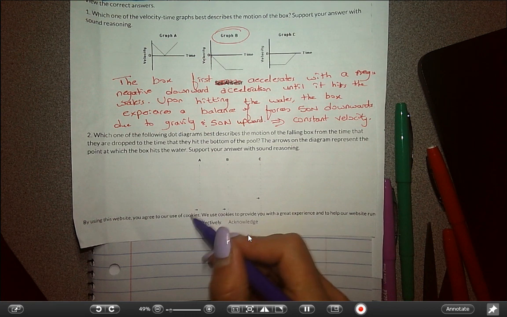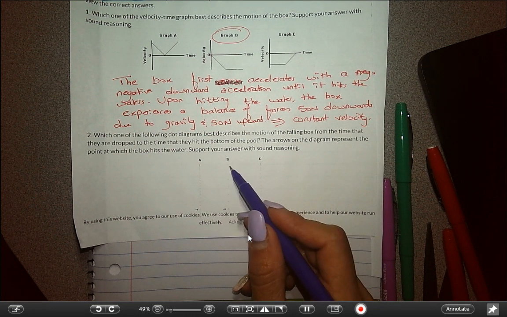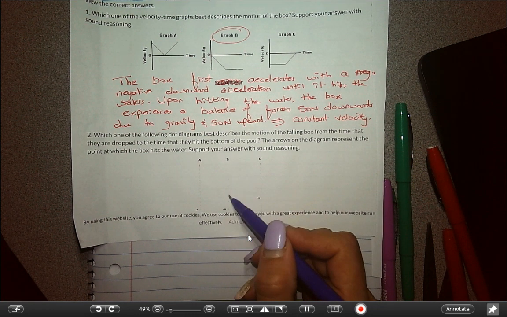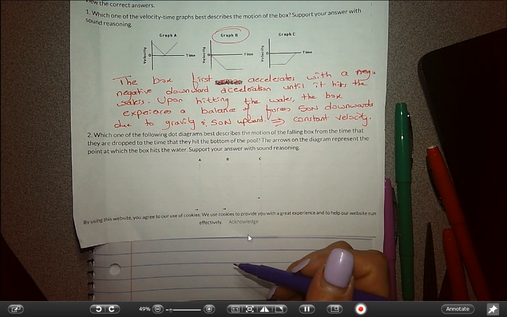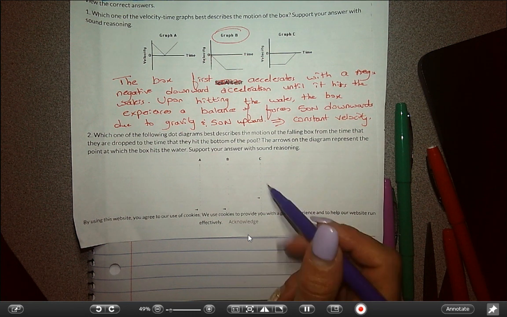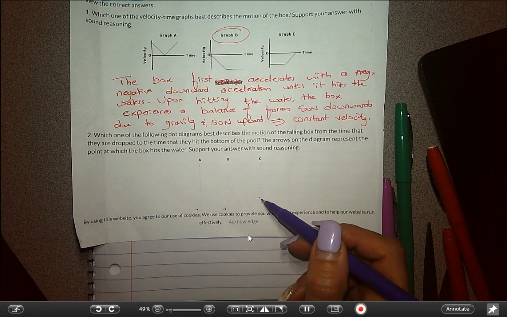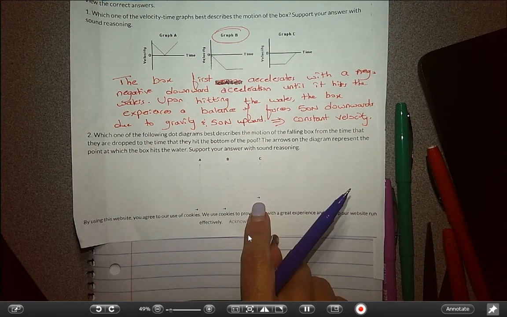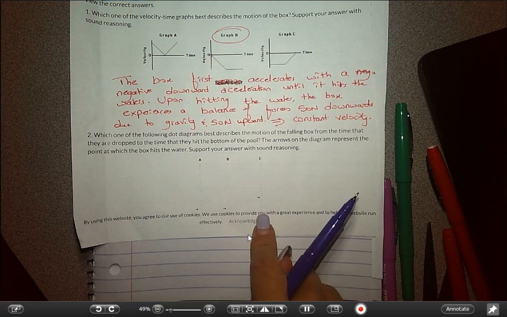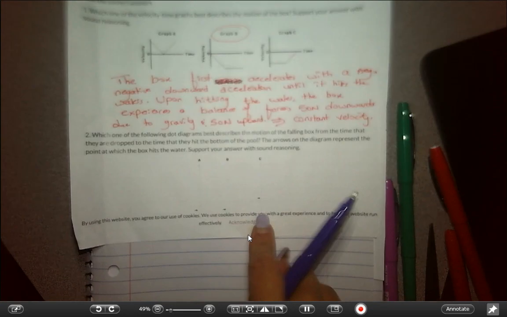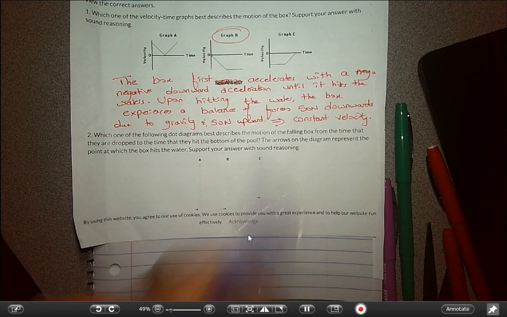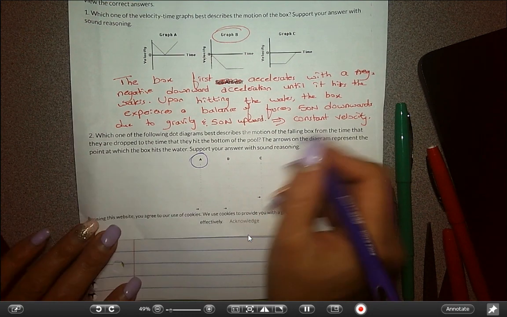And then it hits the bottom. For B, it's going at a kind of constant speed. For C, it is changing in velocity. So there is acceleration, but it did not hit the bottom of the pool. So A is your right answer.